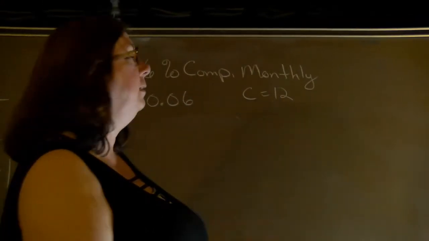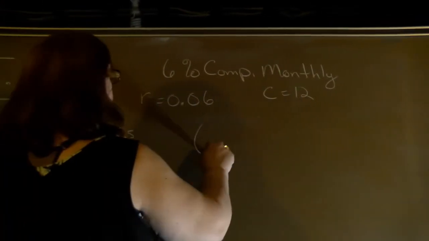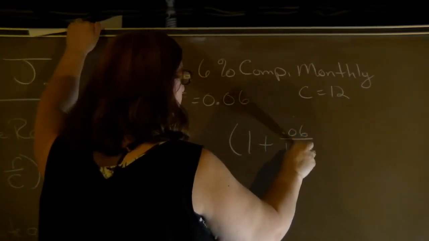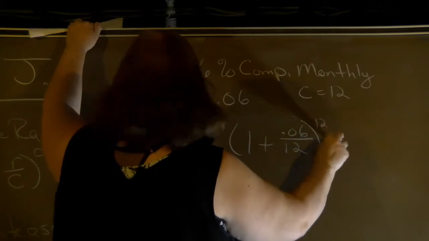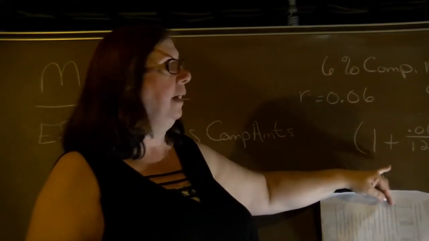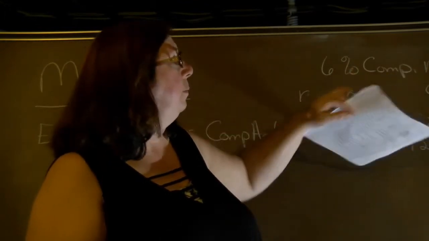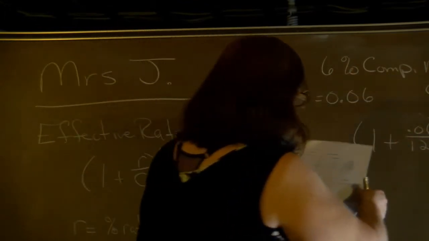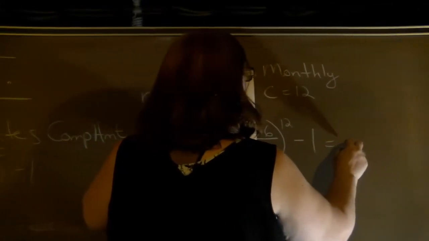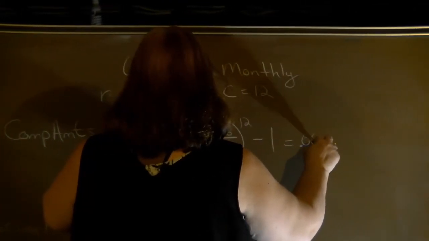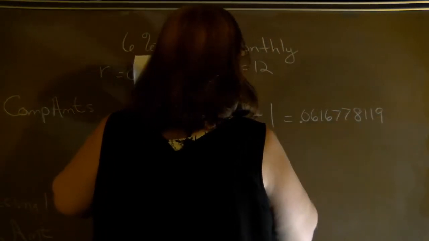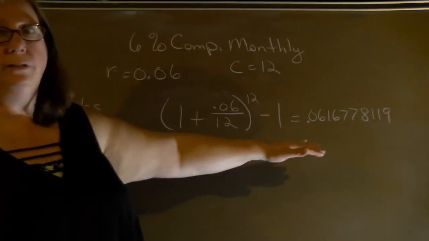So if we plug this into the formula, then we can find out what it's compounding in a year. So if we have 6% compounded monthly, that is similar to this decimal.